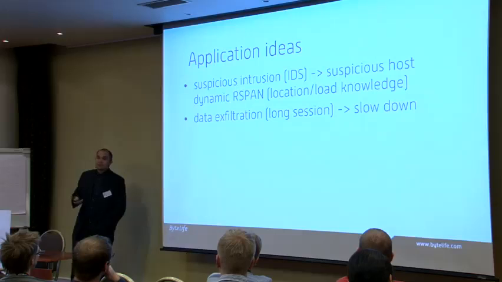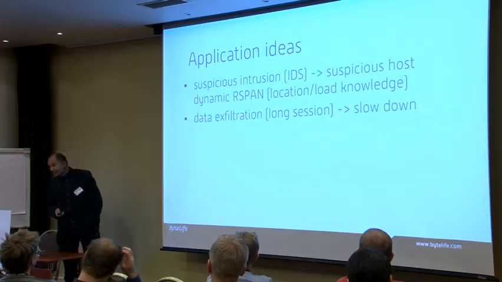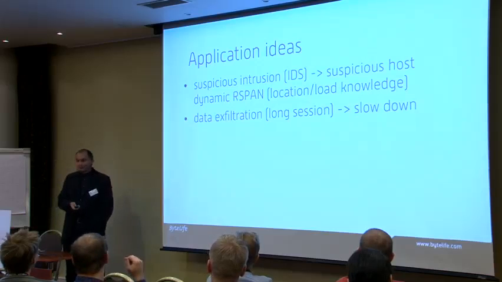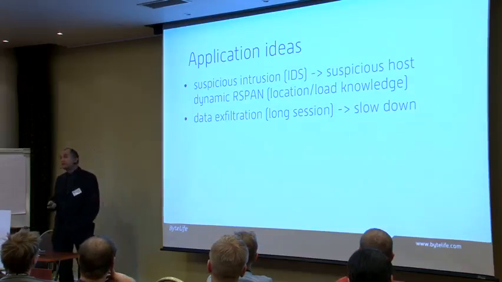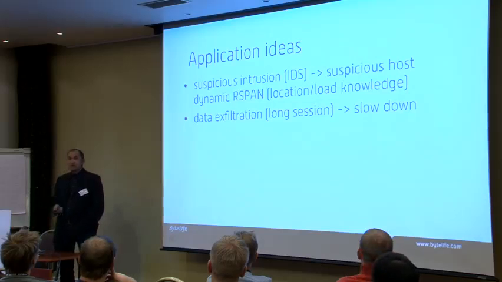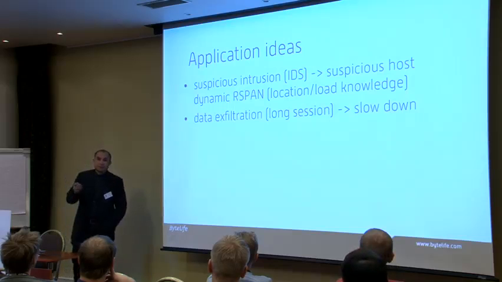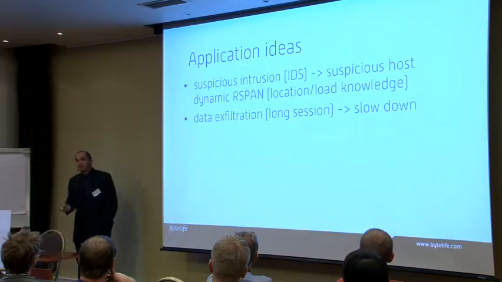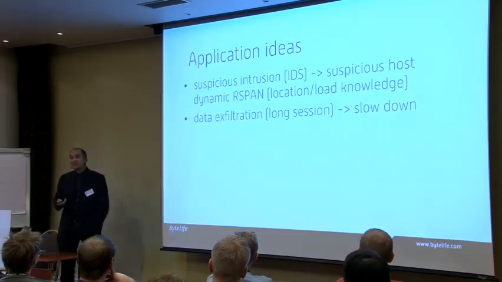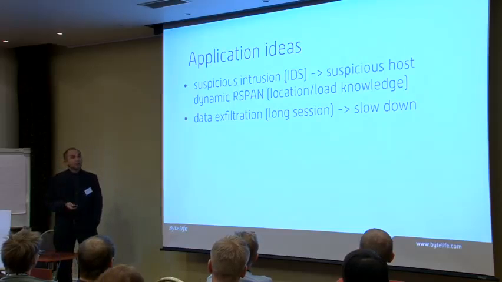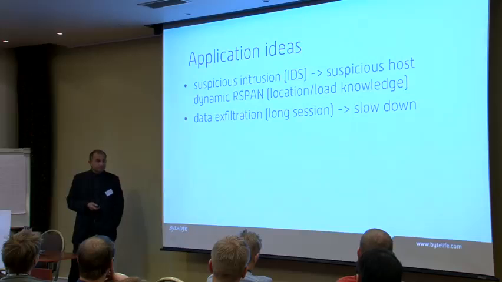If we see some strange behaviors like long sessions going to places we don't explicitly whitelist, we may be interested in who is stealing the data from us and where it's going, so we can do things like slow them down, really to 3G speed or modem speed. So they are still with us. They don't see that we have discovered them, but we can monitor what they are doing and keep track of them.